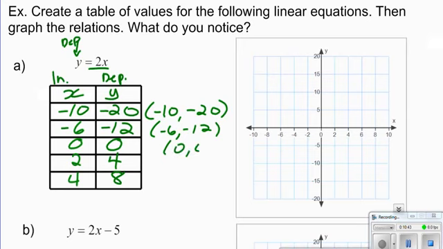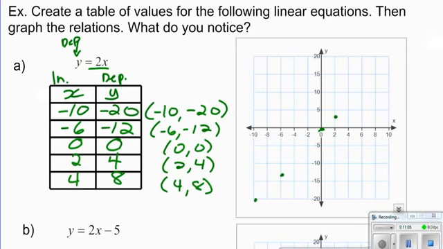I would suggest writing them out as coordinates just to help you get in the habit and recognize your coordinate pairs, okay? So we're going to graph them. -10, -20. -6, -12. So I'm going to have to estimate that one a little bit. 0 and 0, don't have to estimate that one. 2 and 4.